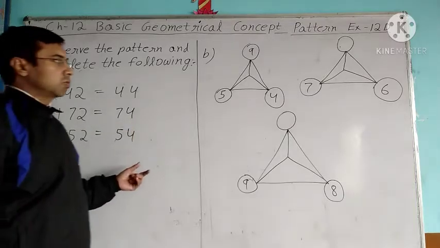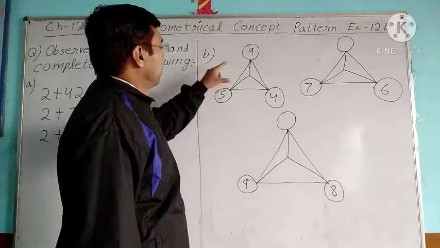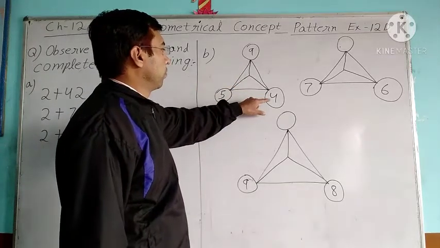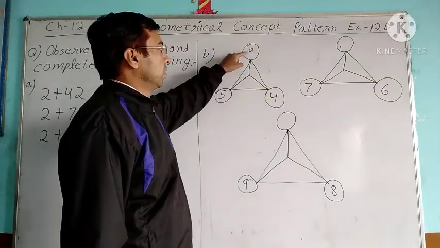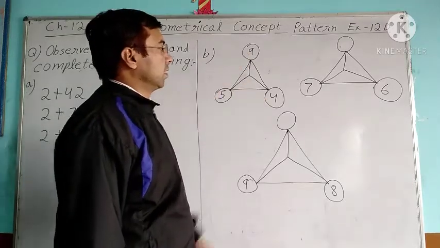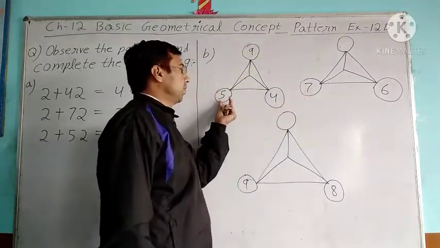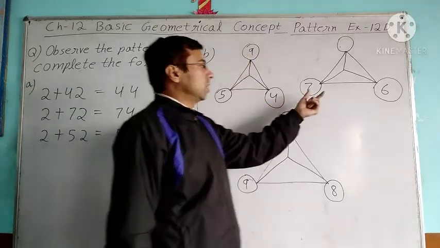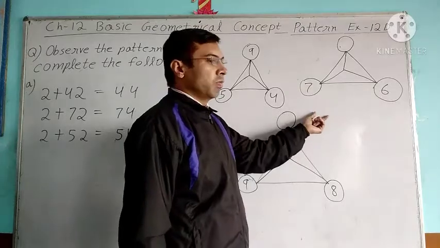Exercise questions. Now part B, see, a triangle is made. Now 5, 4 and 9 are written. So 5 plus 4 is 9. Next, 7 plus 6. So what do we have to do? Here we added 5 and 4 and got the sum 9. So that pattern we will follow in these two triangles also.